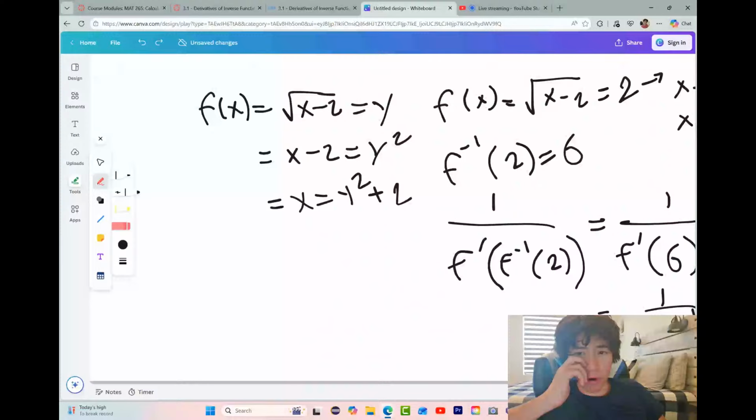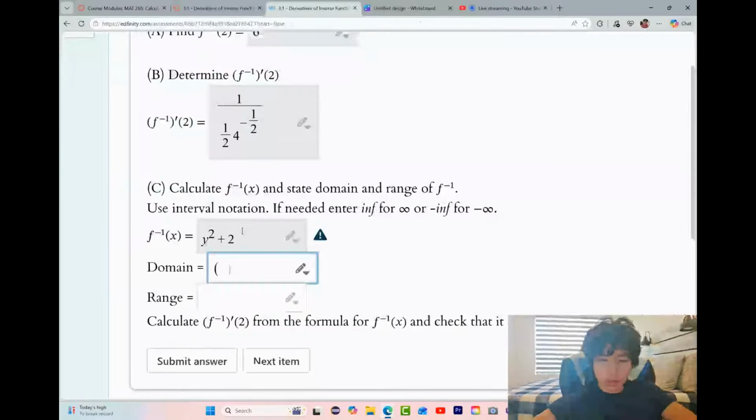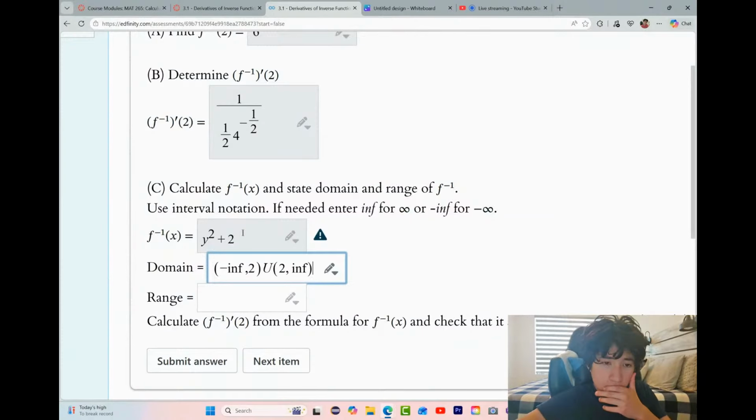That probably won't work, right? You'll get an imaginary number. So I think the answer is going to be something like negative infinity to 2 union 2 to infinity.